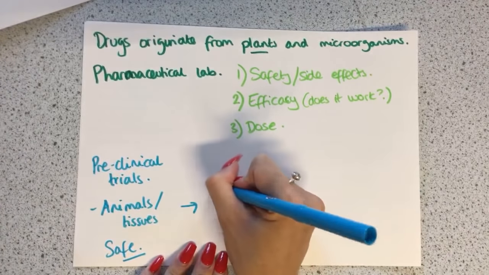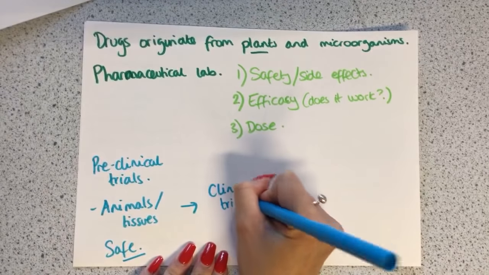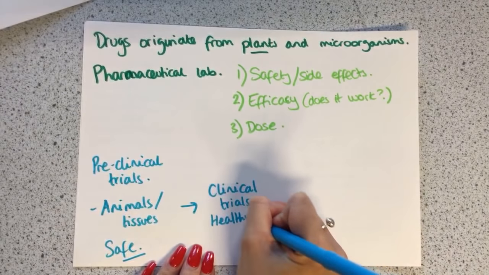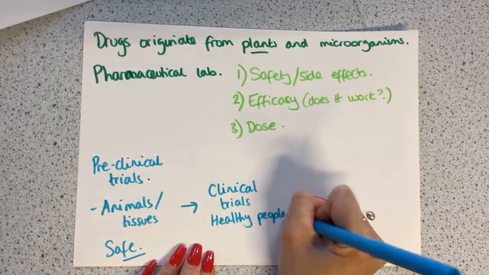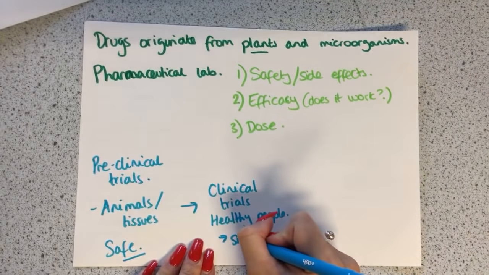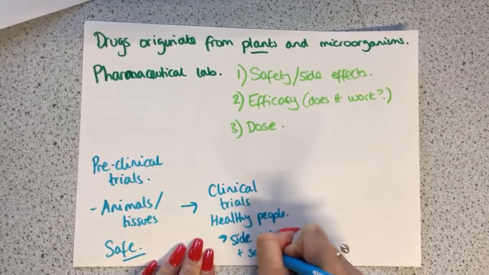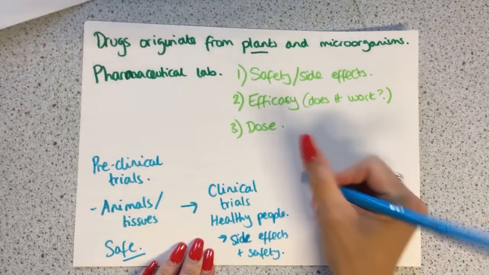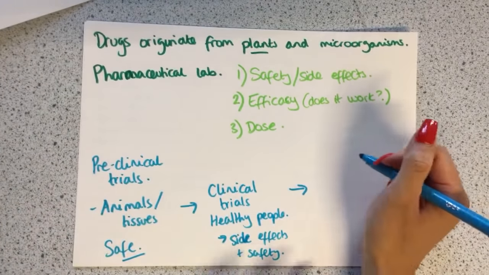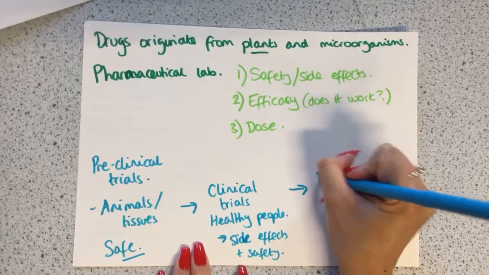Then it will move on to clinical trials, which means testing it on humans, a small number of healthy people. Again, this is to see if it's safe on humans and for side effects. And then finally, if it's safe on that small number of healthy people, you can move on to a large number of patients with the disease.